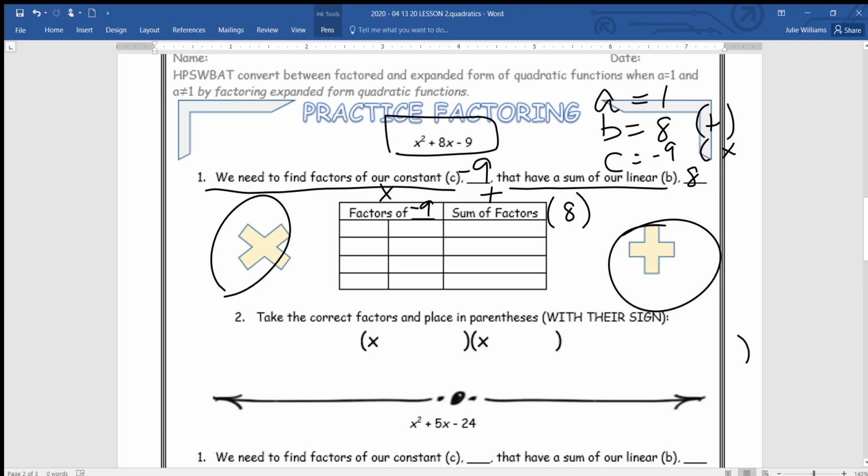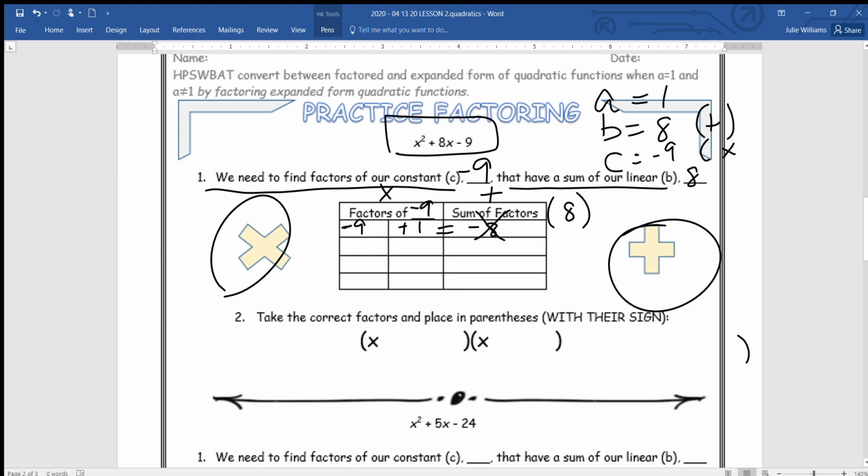Okay, so let's come up with some factors of -9. So like I said, I always like to start with 1 and then the number. So let's do -9, +1. All right, so certainly our factors are -9. However, when you add them, you get -8. That is not what we want.